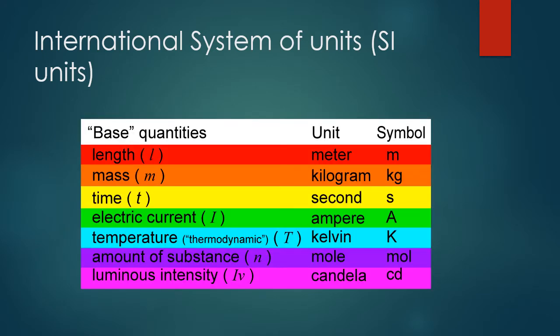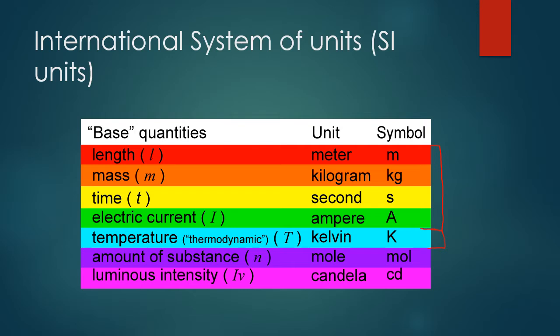Here's a more inclusive table that includes more than just those four fundamental physical quantities. So you can see them represented as the first four in the table. I wanted to include a few more because we'll see those in later chapters. So temperature, for instance, we will be measuring in Kelvin. We'll also talk about how to convert between Celsius, Fahrenheit, and Kelvin.